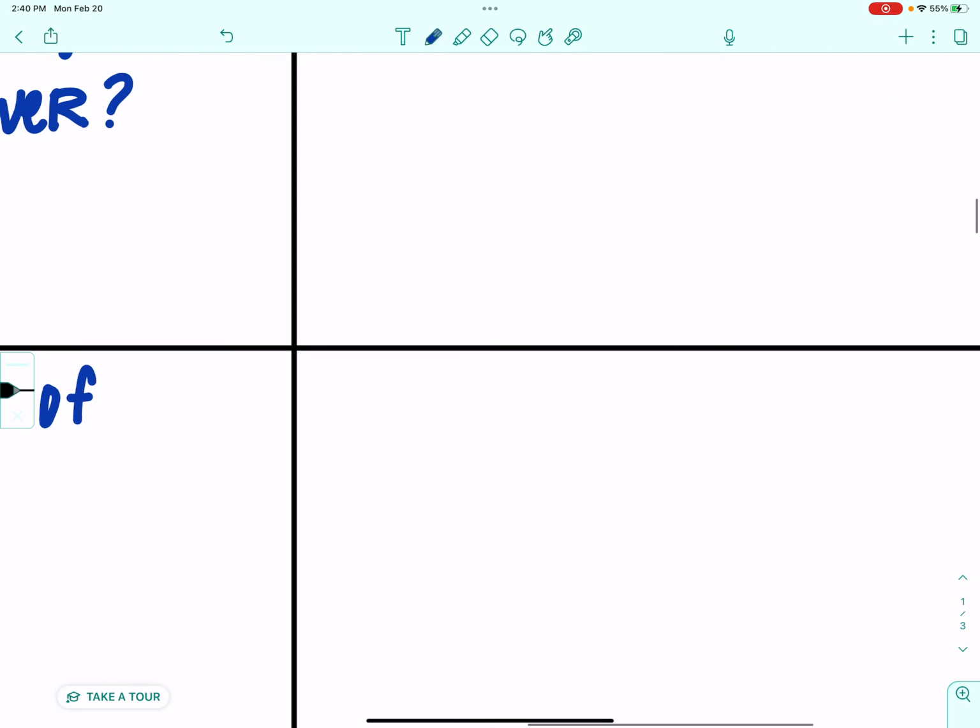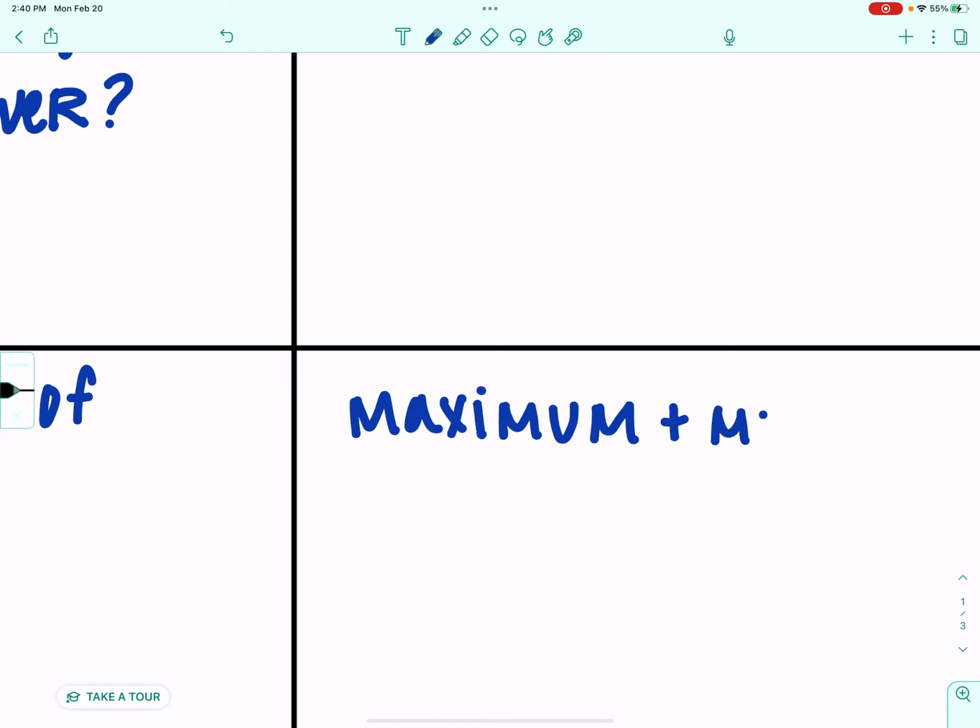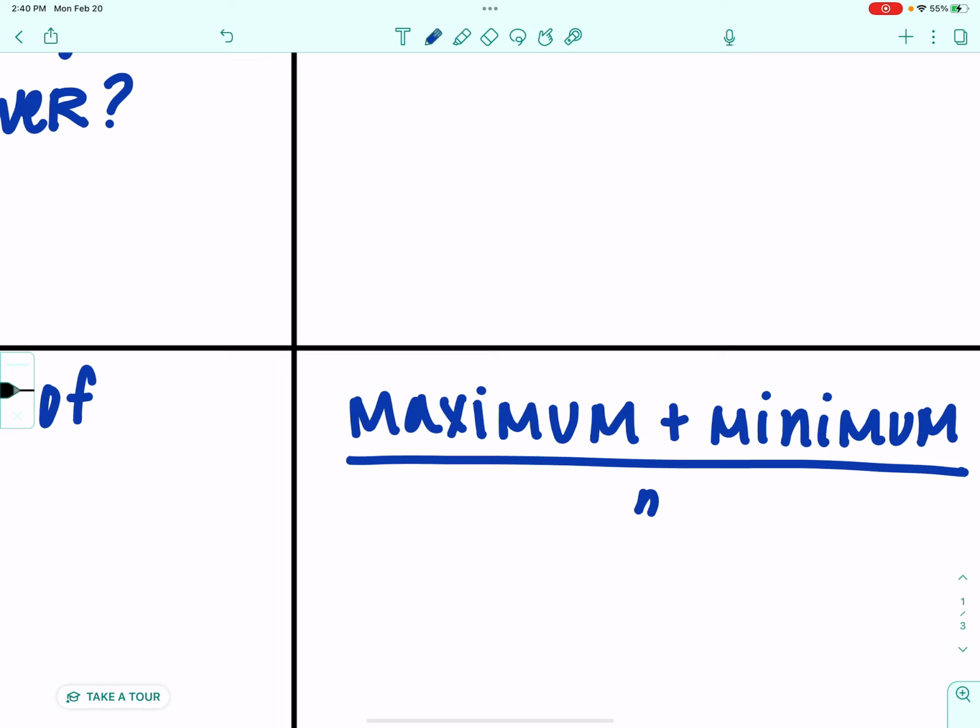To do that, we're going to average the min and the max. So the maximum plus the minimum divided by 2.